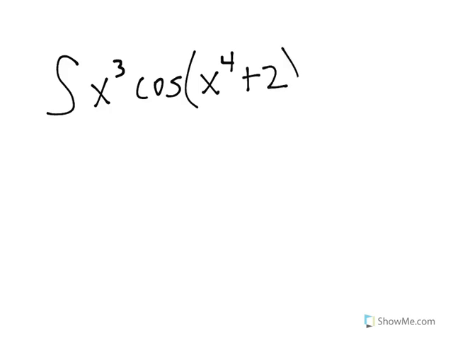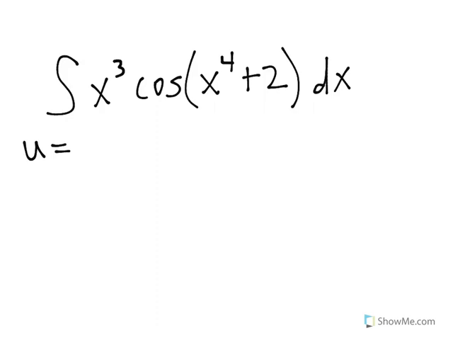Let's take a look at another example. So let's say we have something like the integral of x to the third times the cosine of x to the fourth plus 2 dx. Okay, so again, we're looking for an inside function, that's what we're going to call u, whose derivative shows up on the outside.